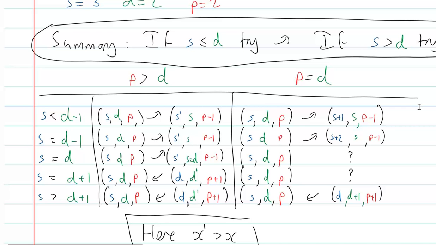Okay. So let's look at a sort of slightly more awkward one on this side. We're not going to do all of them, but let's look at this case here. We've got a partition S, D, and P, where we now say that S is just one less than the diagonal, and that the diagonal goes all the way to the bottom row. So what happens here is we're told that because S is less than D, our aim is to move that shortest part up.